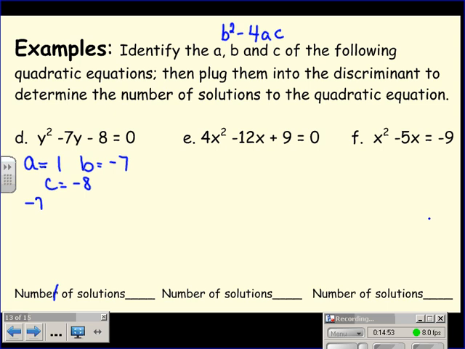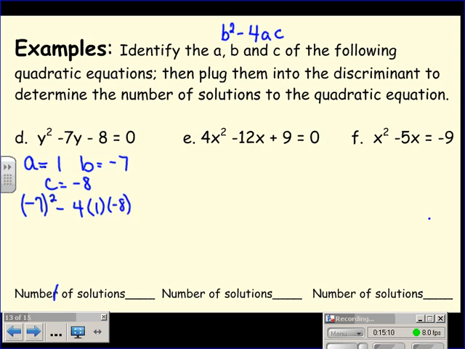Negative 7, make sure you put that in parentheses so that you square both negatives, minus 4 times my a, which is 1, and my c, which is negative 8.